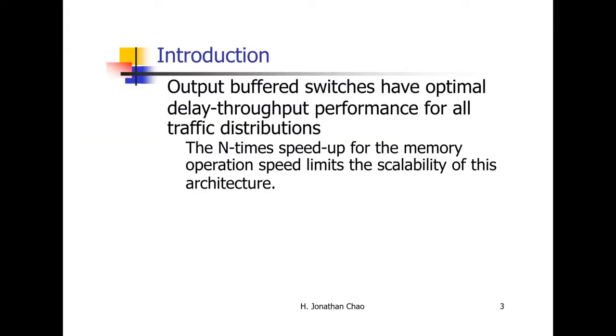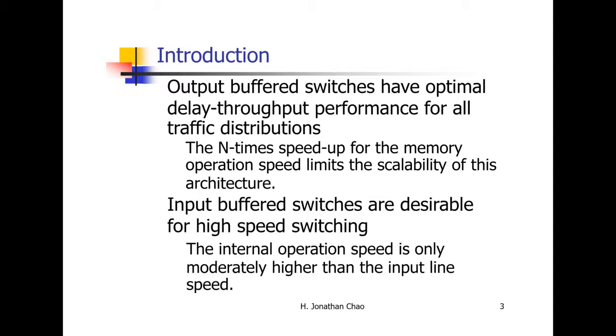Because as we have seen, output buffered switches have optimal delay and throughput performance for all kinds of traffic, because throughput can reach 1, but you need the speed up, so they are not efficient in terms of cost.